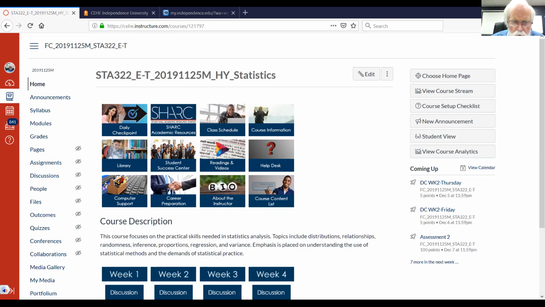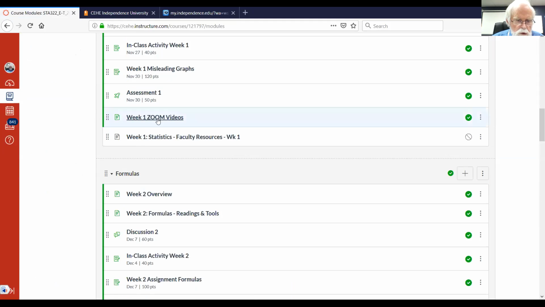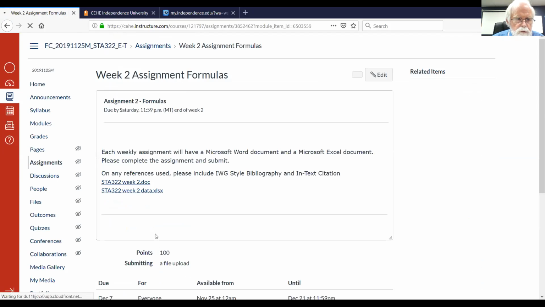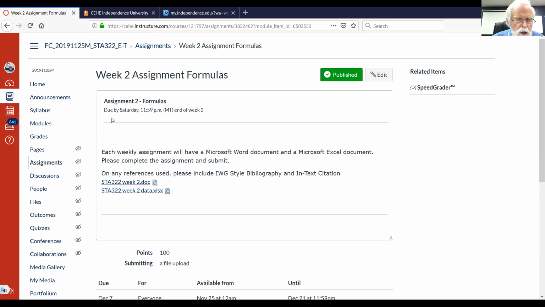Let's go back to this week's assignment, which I pulled up. Assignment 2 is going to be formulas. And we'll pull up this document.